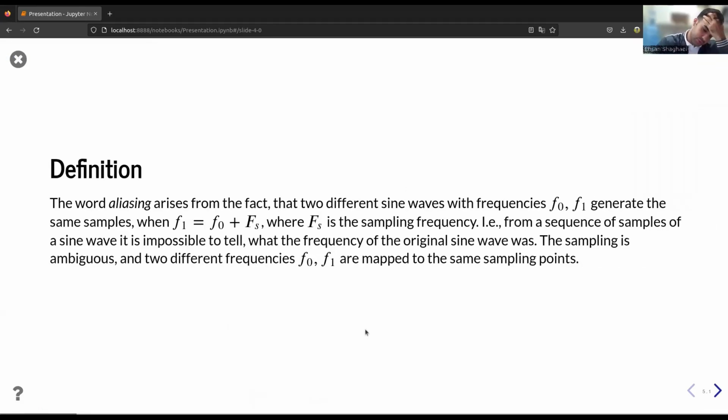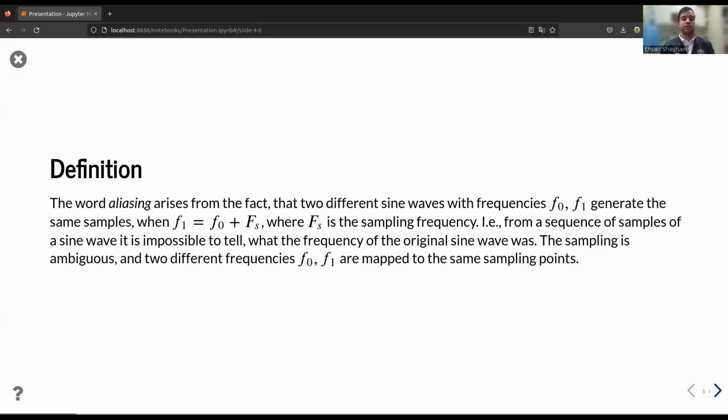You might be a bit confused by our example, but we will go through a more interesting demonstration of what I've just told you. By definition, aliasing arises when we have two different frequencies, f1 and f0, and a sequence of sine wave samples, and we sample with these frequencies.